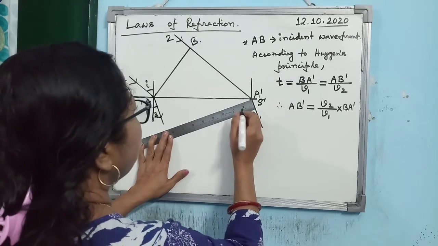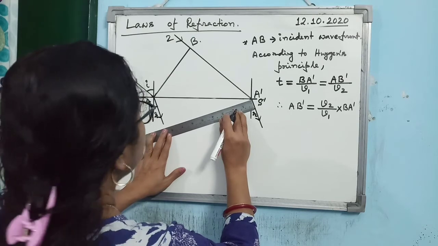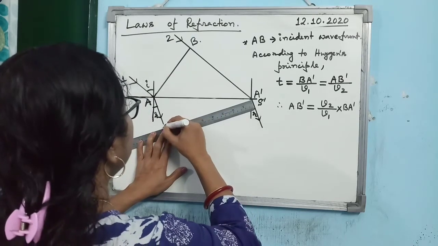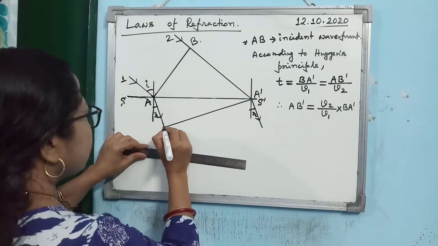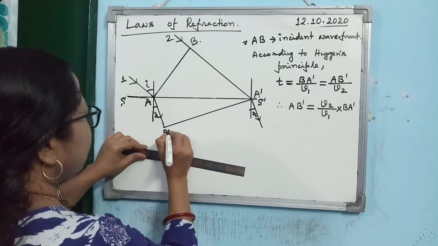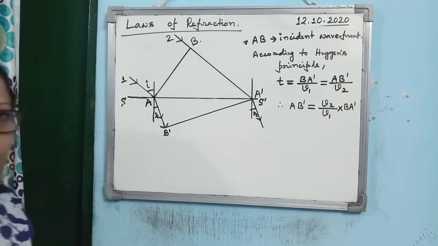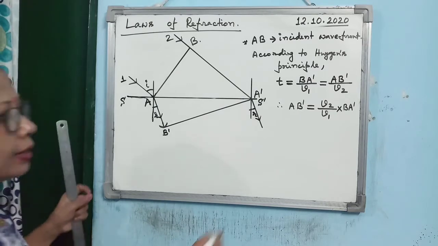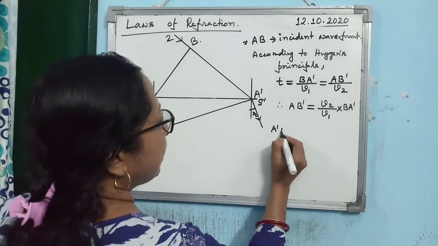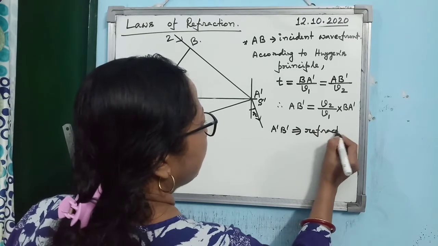Alright. If I draw the diagram like this, then you see it is becoming perpendicular. If you just extend it, this will be B dash, and then you draw an arc here. So A dash B dash is the refracted wavefront.